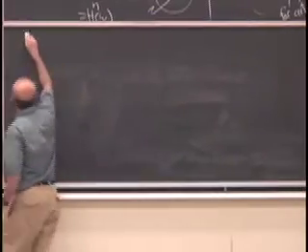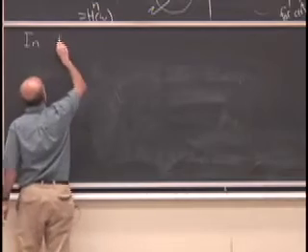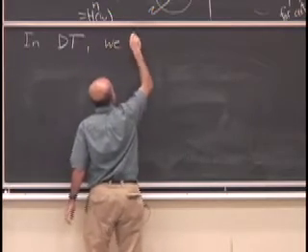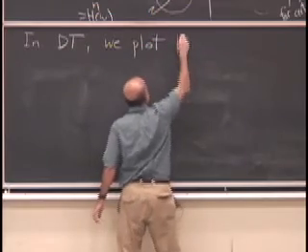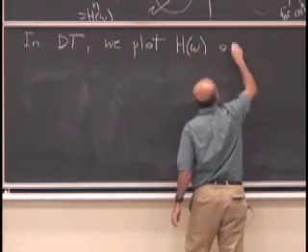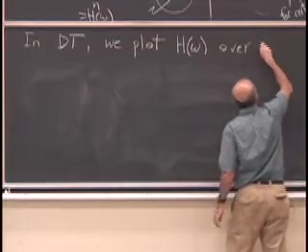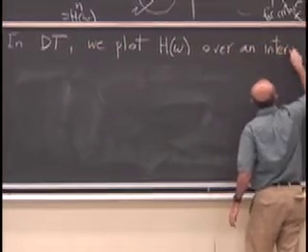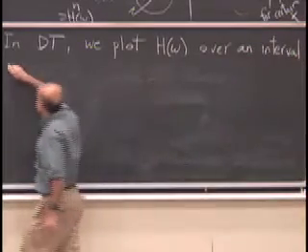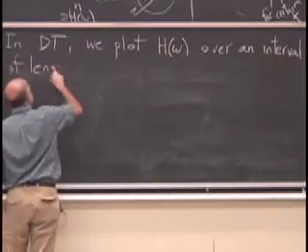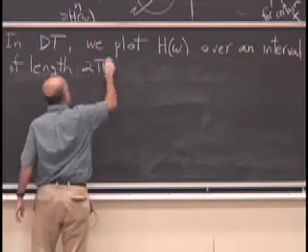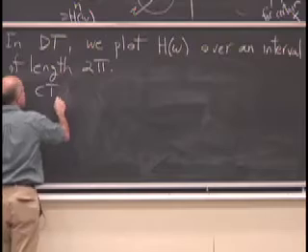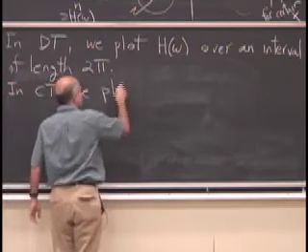In discrete time, we plot H of omega over an interval of length 2 pi. In continuous time, we plot over all omega.